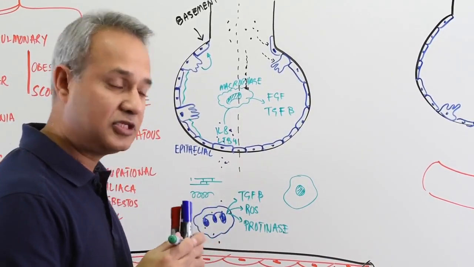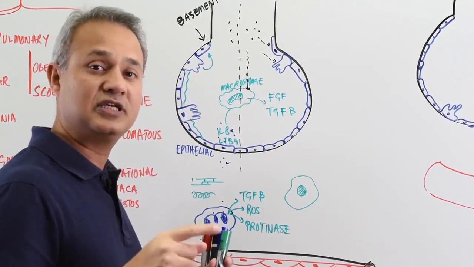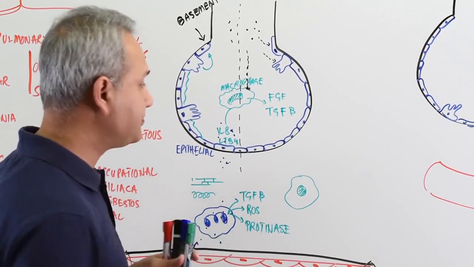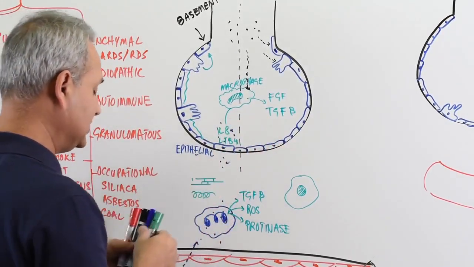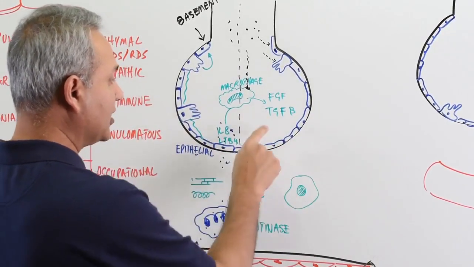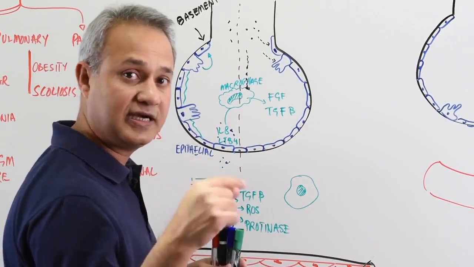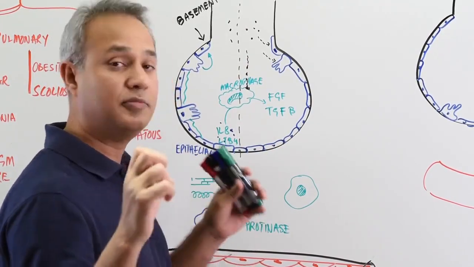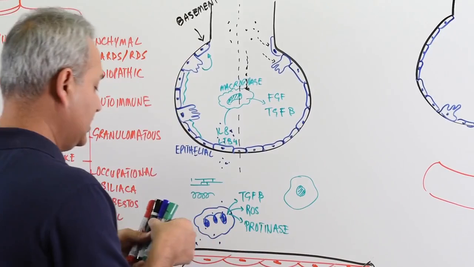It is very promising, and it is actually more promising than steroids. So keep this one in mind, TGF beta. If you forget everything, forget it, but don't forget TGF beta, because that has pharmacological and promising outcomes.